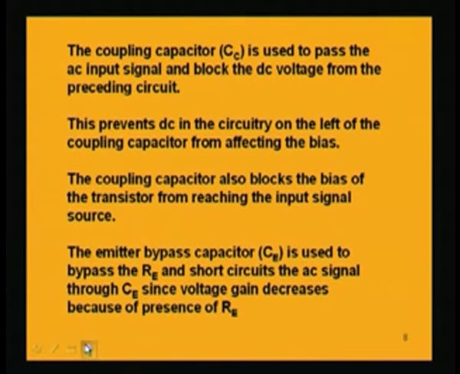Basically a transistor amplifier may have a number of stages in cascade, that is in series we may be having a number of amplifiers, so that the final amplified signal should be large enough. So, instead of having only one BJT amplifier, we may be having a number of BJT amplifiers in series.